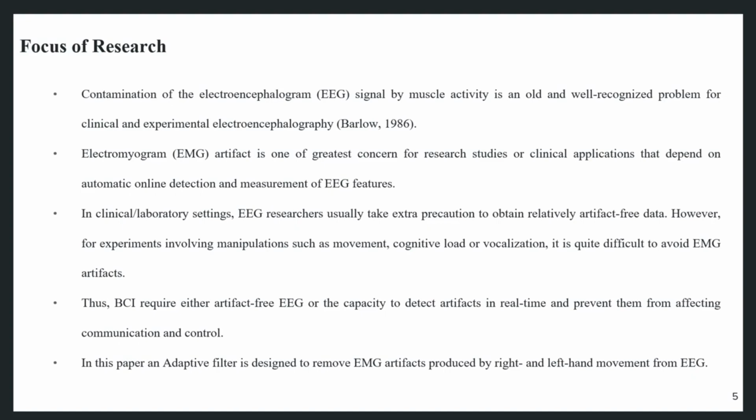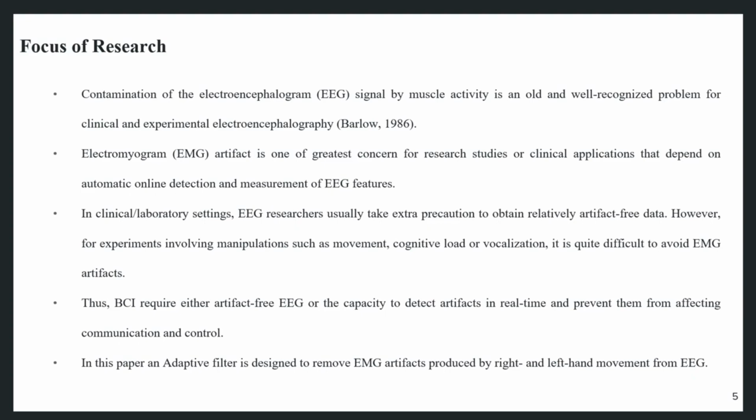So we wish to make such a BCI system that is either artifact free, or has the capacity to detect these artifacts in real time and prevent them from affecting our communication protocol.